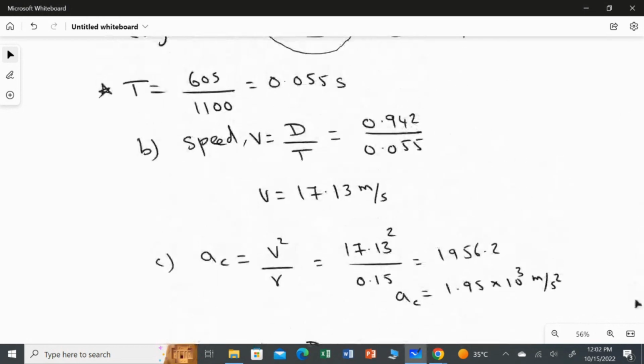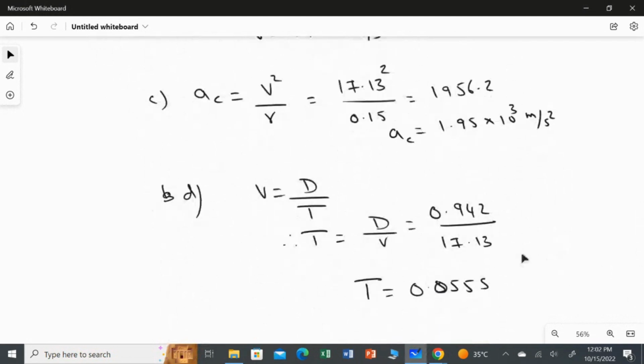So in the first part, when we calculated the time period for every minute, because every minute the blade makes 1100 revolutions, so for 1 minute we calculated the time period. Am I right? So now our answer exactly matches this. So that means our calculation of the time period was perfect. Clear?